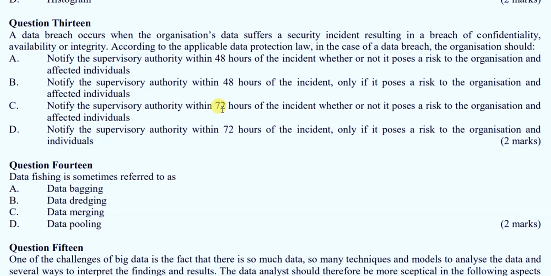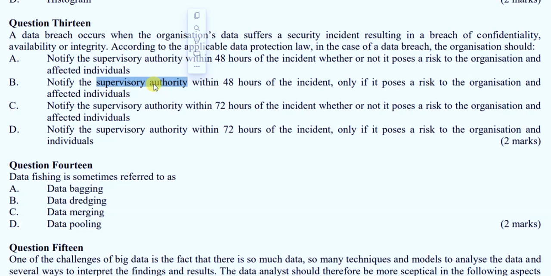But going by the language used within the question, for example, the term supervisory authority, this is not the language that is used in the Data Protection Act in Kenya. The term supervisory authority is used in the General Data Protection Regulation, which is a data protection law that applies in the European Union and the European Economic Area.